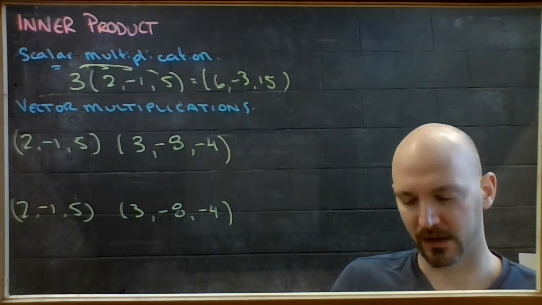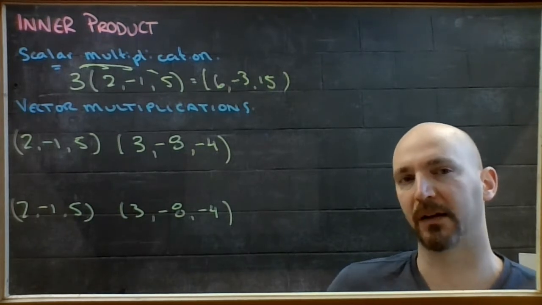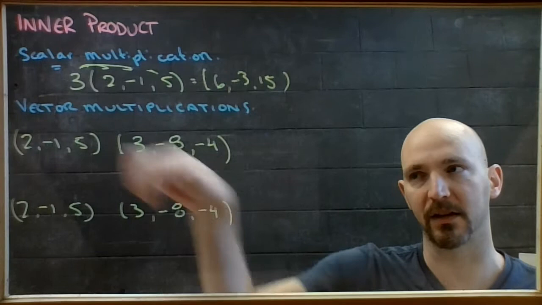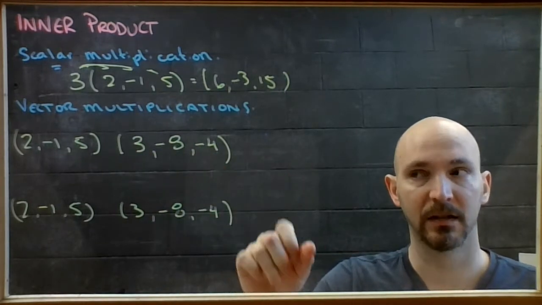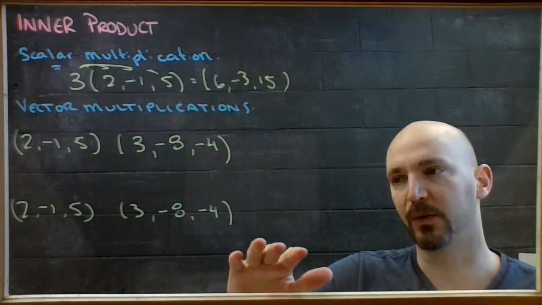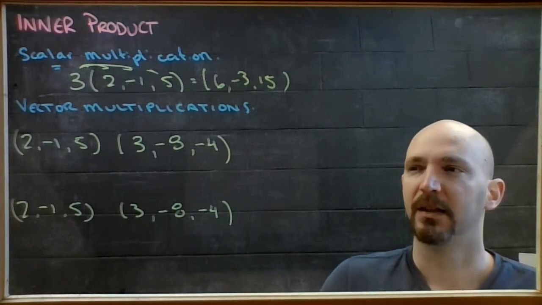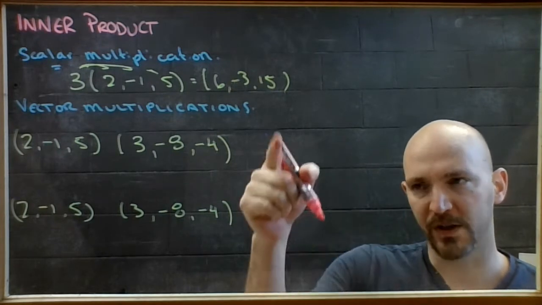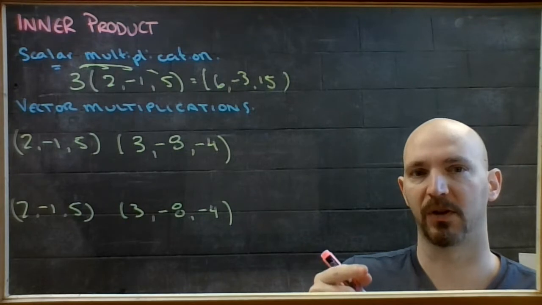The choice you need to make is, at the end of this multiplication, do you want a scalar as your answer, like 8? Or do you want a vector when you're done, like (8, 3, 2)? What you want as your answer determines which method you use for multiplication.